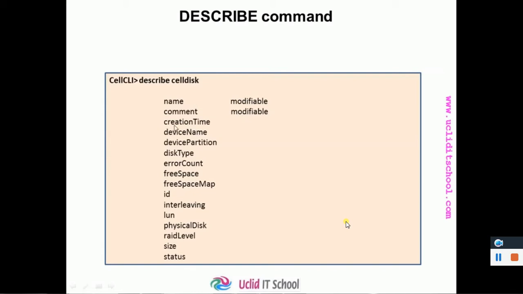Out of all these attributes, you can modify only name and comment. Other attributes are fixed, you cannot modify them. So for every object, you can use the describe command to see the attributes and to understand which attributes can be modified.